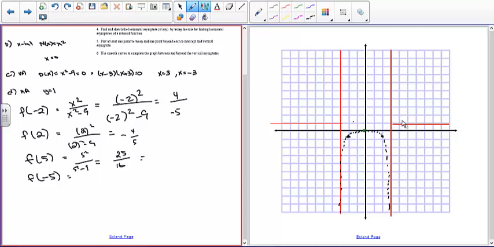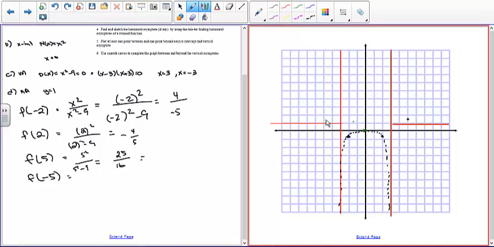What did I say it was? 1.56. So 1.5 is right here. And this one's going to be the same place. So this is going to go down like that. And then this is going to go up like that. And we also know this goes from positive infinity to negative infinity because we have single roots in the denominator.